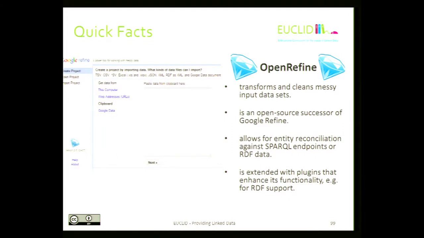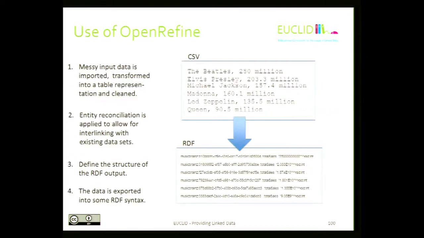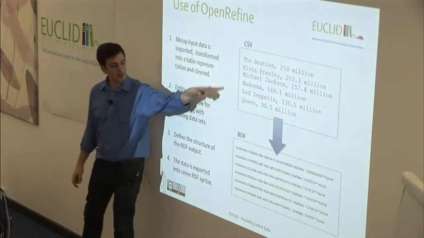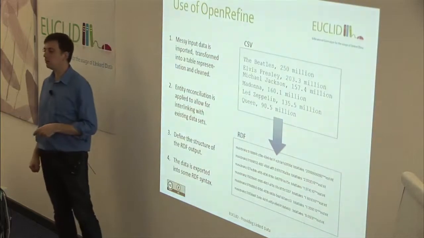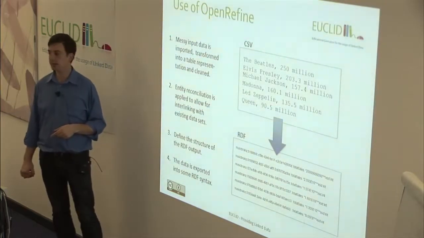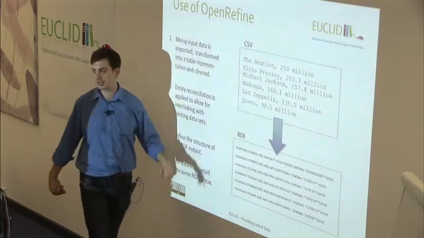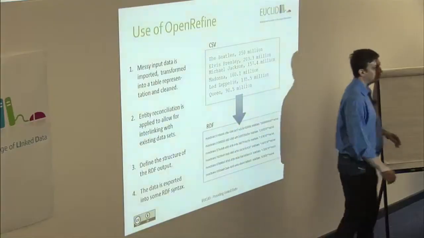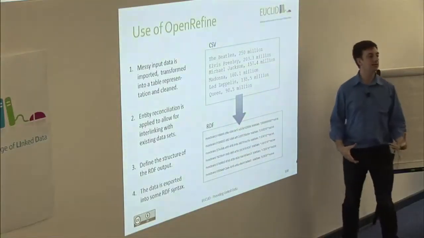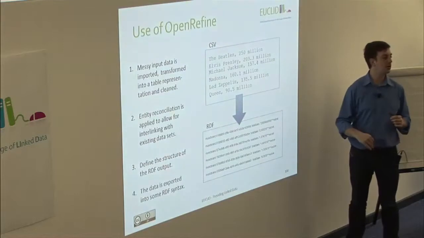The first thing we can do is create a project and bring in some data, either from the web, from a file, or actually enter the data ourselves. When we do so, what we're aiming to do is turn this CSV into this nice, well-formatted RDF. Okay? In order to get from there to there, you should notice some common things that are necessary with this kind of data.